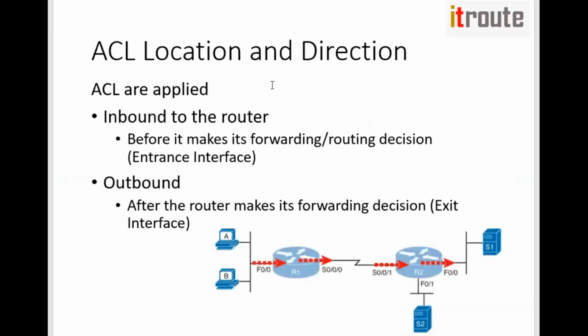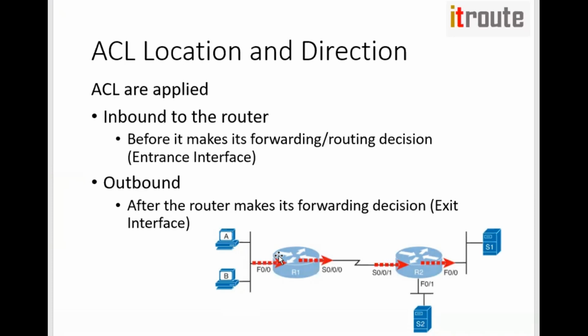Now, ACL locations and directions. Access control lists are applied inbound to the router before it makes its forwarding or routing decisions. This is called the entrance interface. Outbound, which is after the router makes its forwarding decisions, is called the exit interface. That means traffic will go in this way.